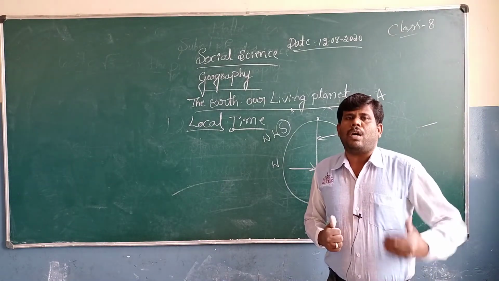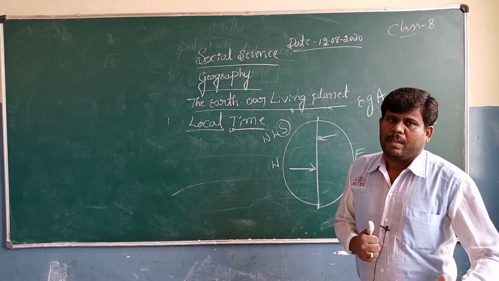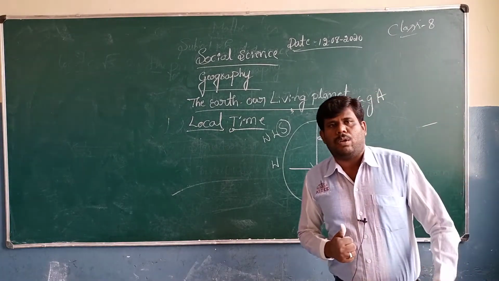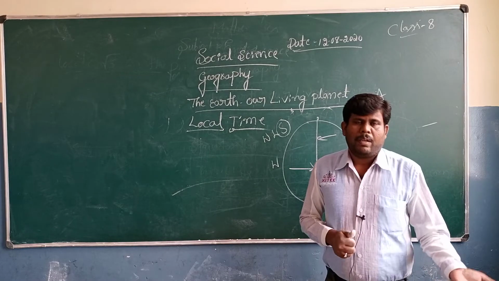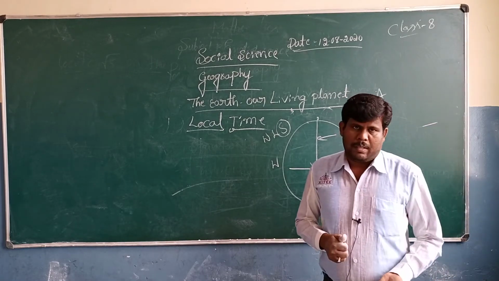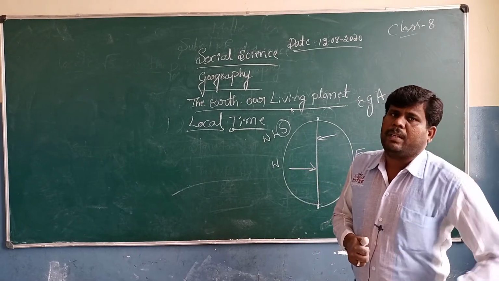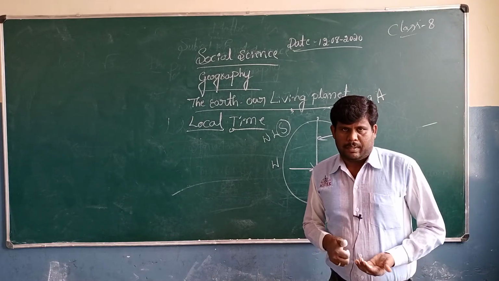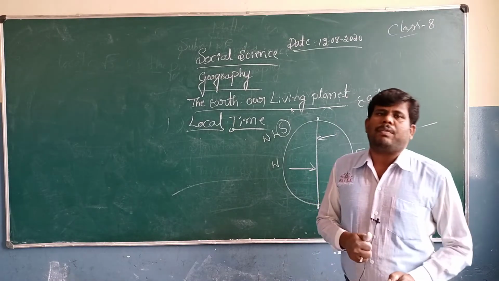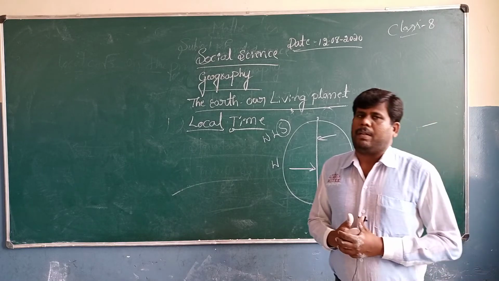So we have solved the problems of time. We can follow the local time and standard time. But at the international level, there is a big confusion about day and date, when circumnavigation is conducted by people.